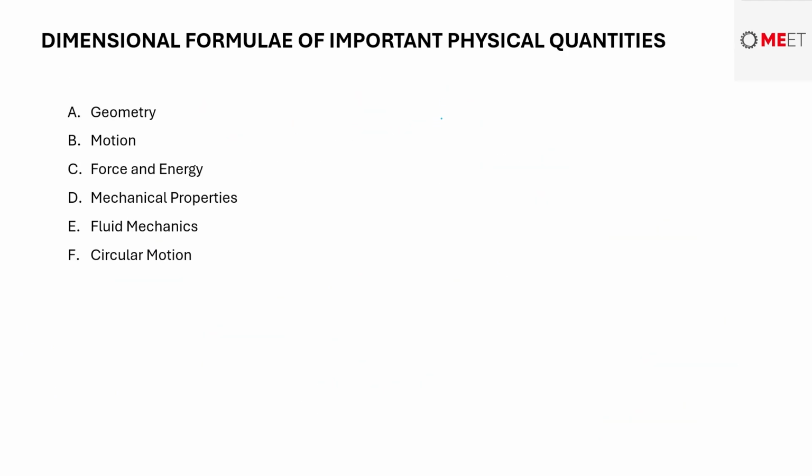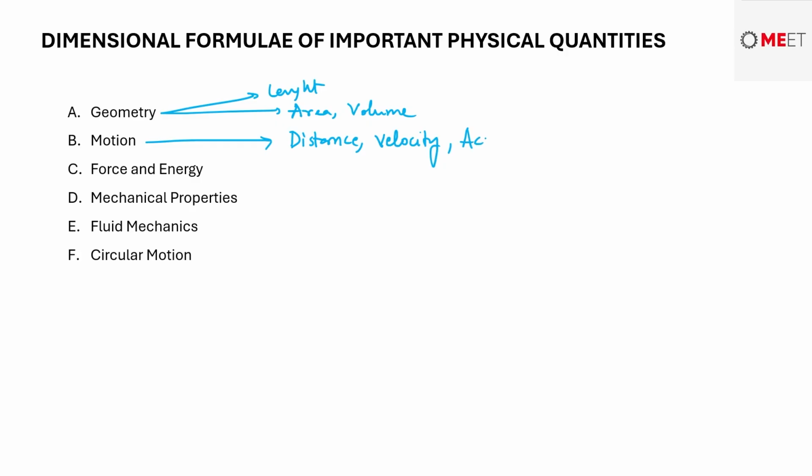Dimensional formulae for important physical quantities. For geometry, the physical quantities are length, area, volume, etc. In motion, the quantities are distance, velocity, acceleration, momentum.